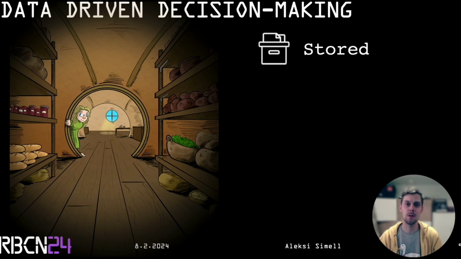But just storing that data is not enough, because you also need to see your data. If you just store something and never use it, it will eventually go bad. So if our hobbit never goes into her pantry and just puts more food in it, eventually some of the food will go bad, and it's not good for anyone.